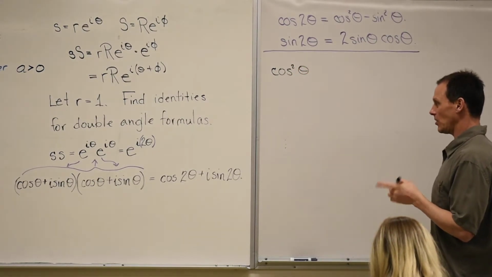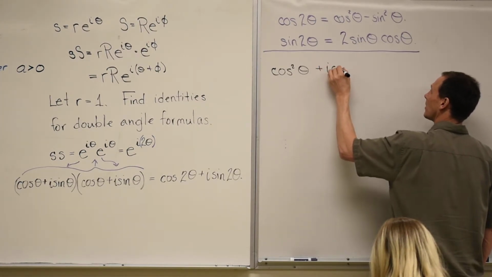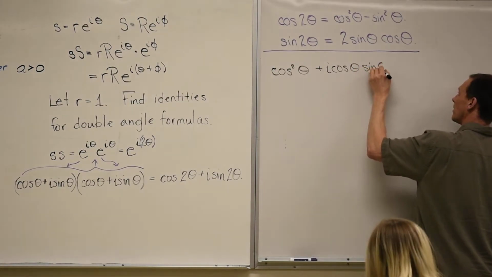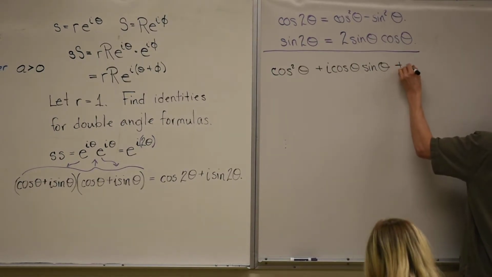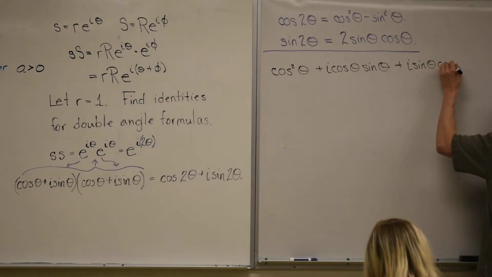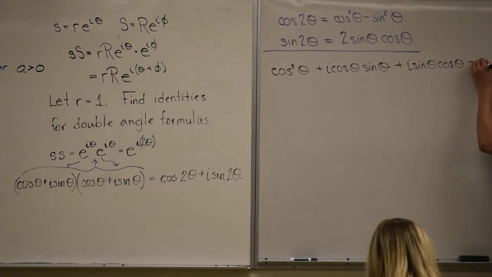And then a cosine times i sine is going to be plus i cosine theta sine theta. Then I distribute the sine, so I get plus i sine theta cosine theta. And then I have an i sine theta times an i sine theta. That's i squared, that's minus 1. So this is going to be minus a sine squared theta.